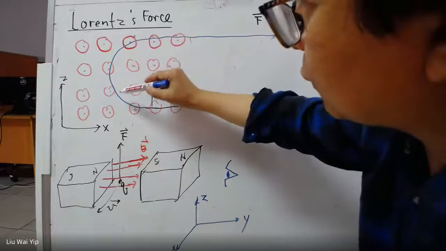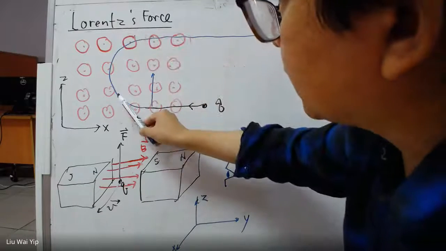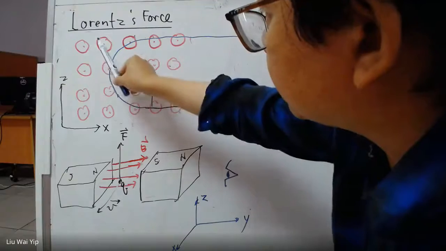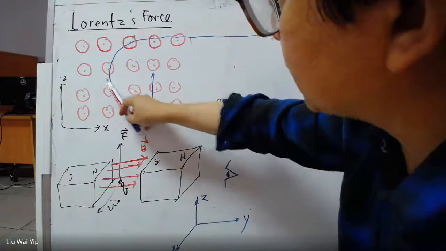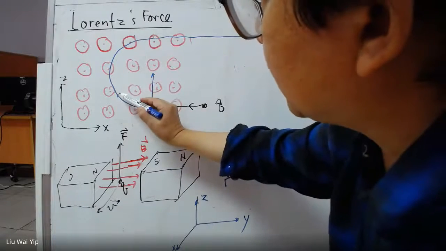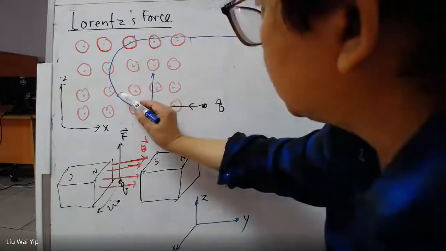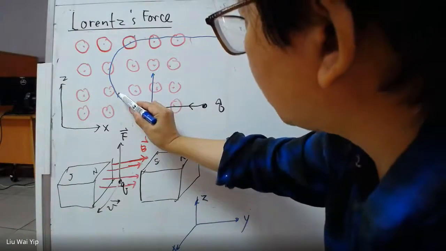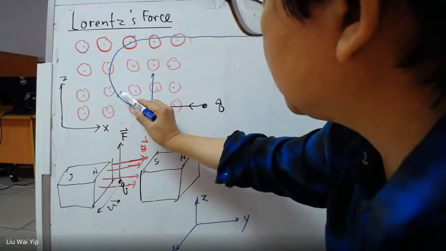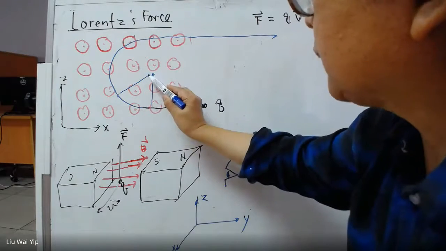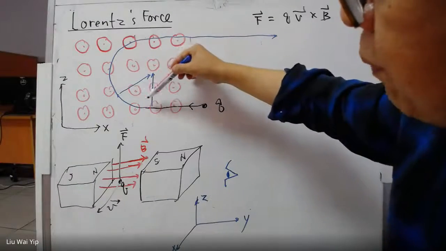And when the charge reaches this area, then it will move further forward, but it is not in the x direction only. Instead, because of the interaction of the Lorentz force, there is a force pulling the charged particle towards the center of the circle formed by this locus.